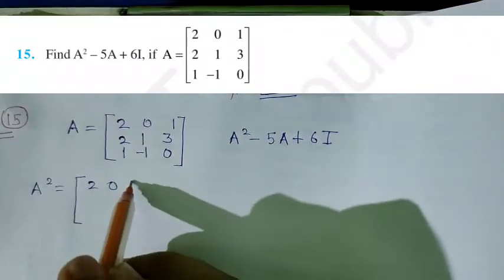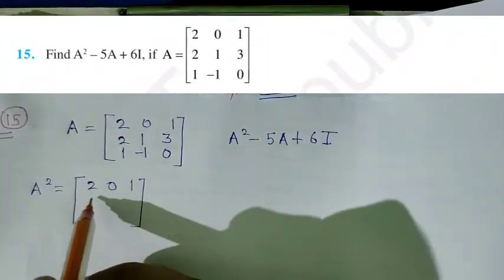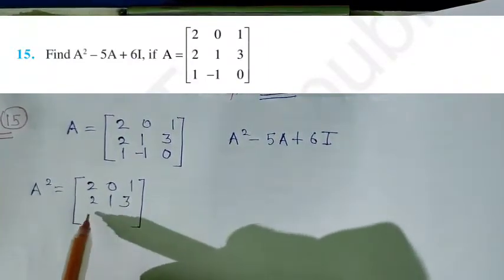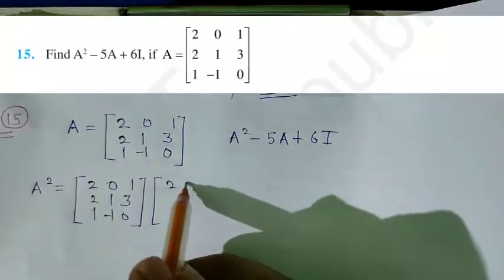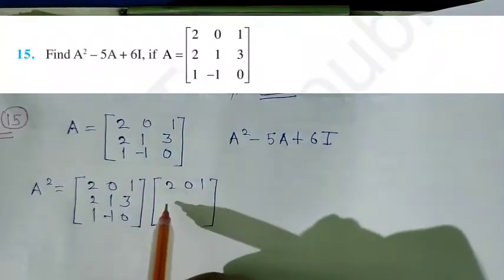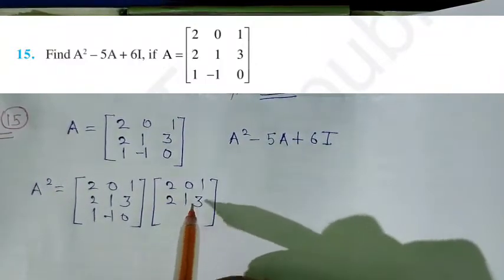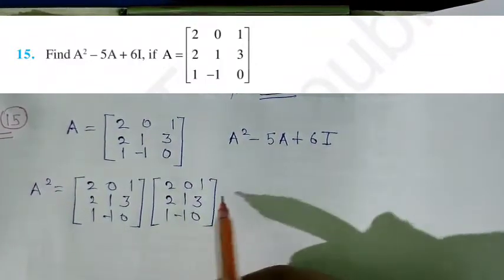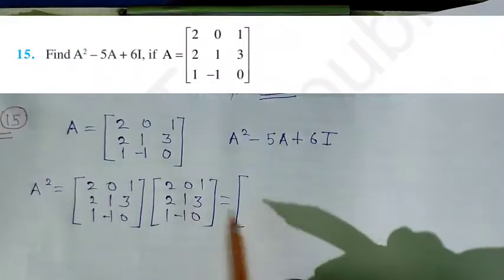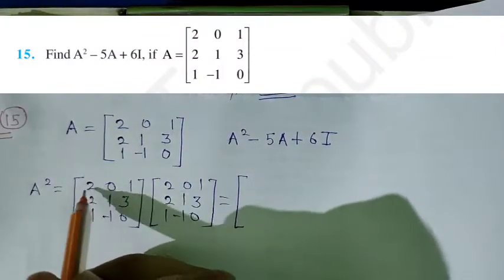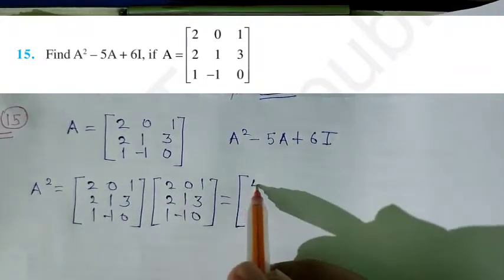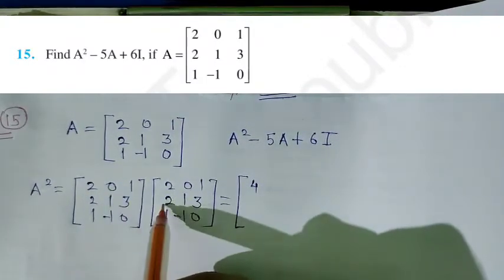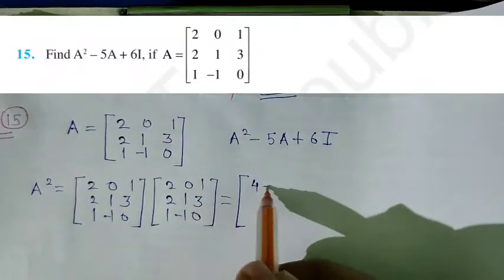It means we'll write this matrix A side by side, and 2 0 1 again, 2 1 3, 1 minus 1 0. We'll find the value of this multiplication. After multiplication, 2 0 1 with 2 2 1: 2 2s are 4, plus 0 plus 1.